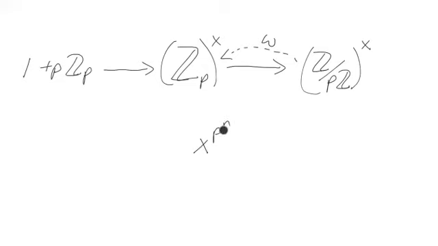So it looks something like this, and you take a limit. This limit exists in the p-adics, and gives a nice homomorphism that goes back this way, which makes this a split exact sequence.